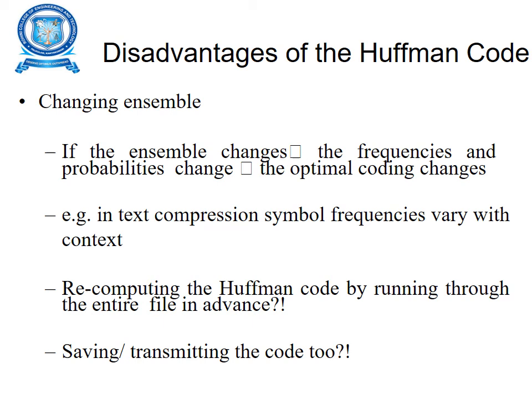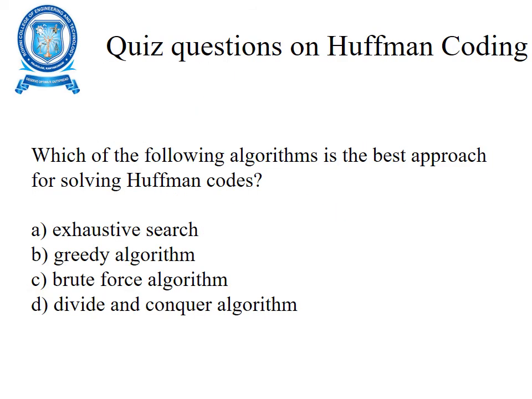Another one is recomputing the Huffman code by running through the entire file in advance, so we have to do recalculation of the Huffman code. Another disadvantage is saving or transmitting the code.